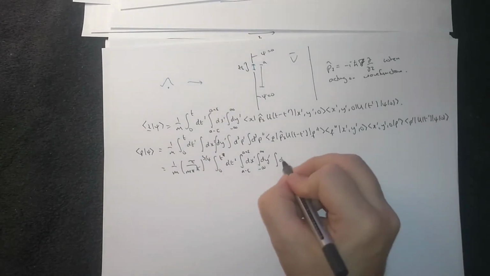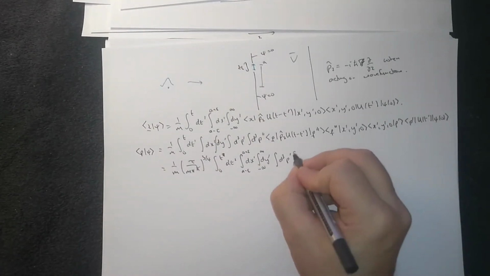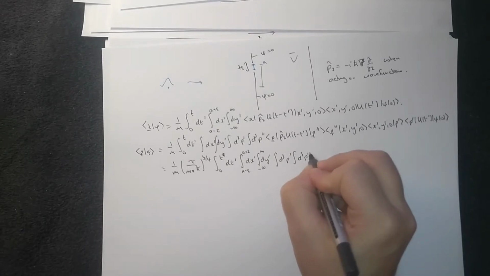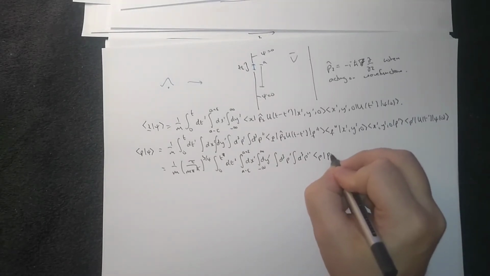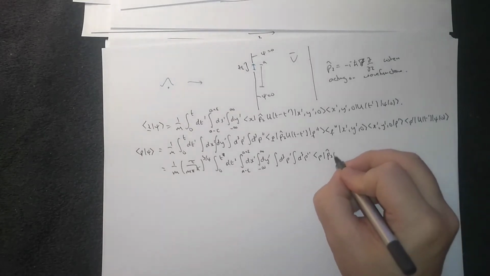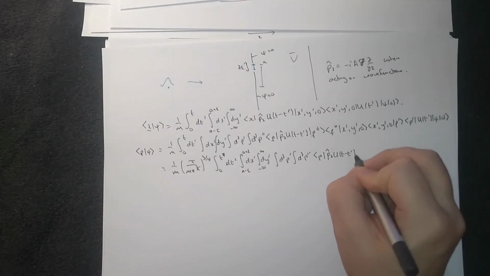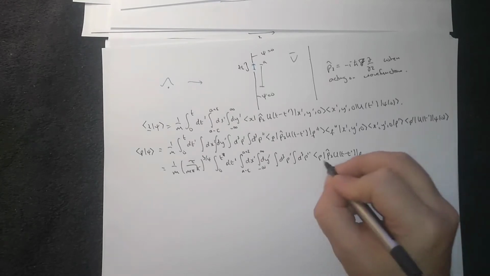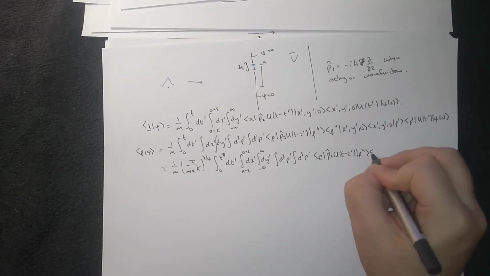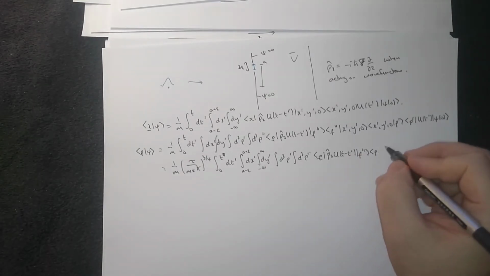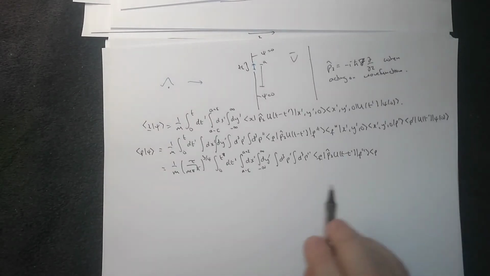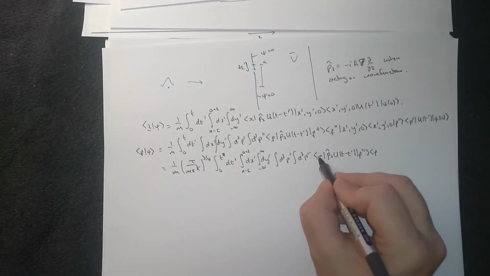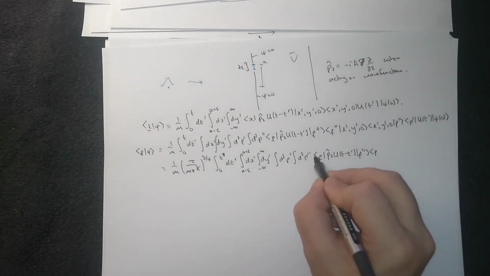We have the d3p prime and d3p double prime of p, pz z hat, u of t minus t prime, p double prime.